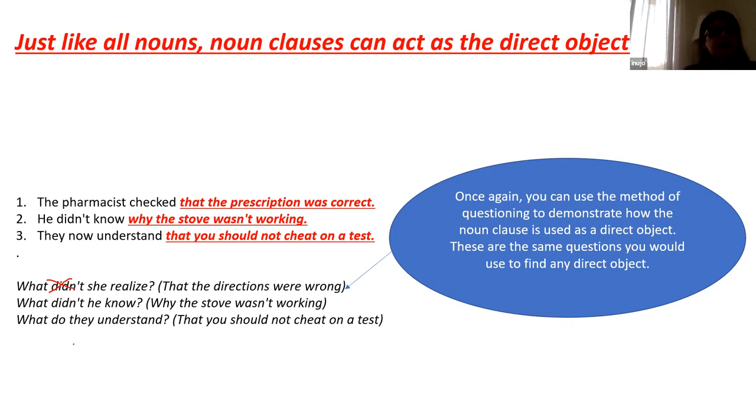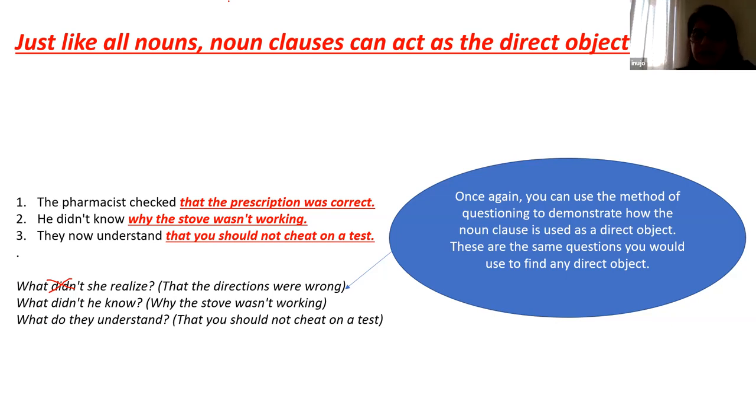All right. Next one. He didn't know why the stove wasn't working. So what question do we ask? What didn't he know? Why the stove wasn't working. So what is the noun clause here, children? The noun clause here is why the stove wasn't working. So how do you know it is the object?